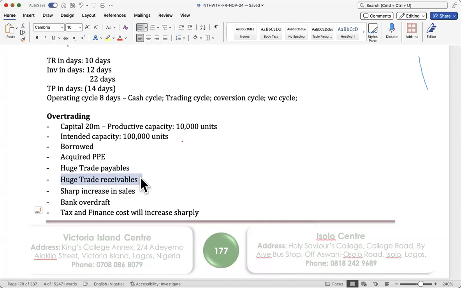A factor is an agent that helps recover debts. So get the service of a factor, pay him some commission, let him pursue these guys. Find a way to get your money. Then these other ones, there's nothing you can do about them.